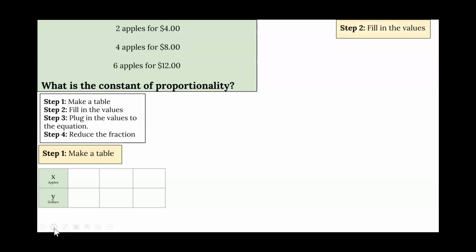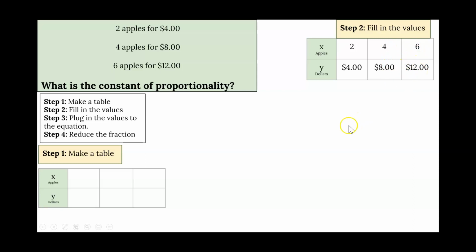Step 2 says to fill in the values. I'm going to use exactly what they gave us and put them into the table. So we have 2 apples, $4, 4 apples, $8, and 6 apples, $12.